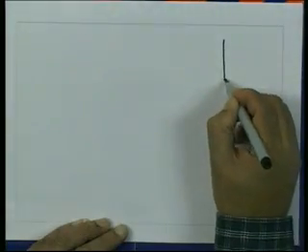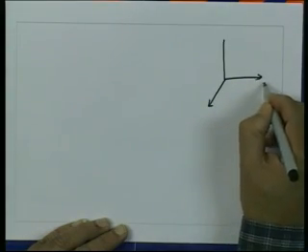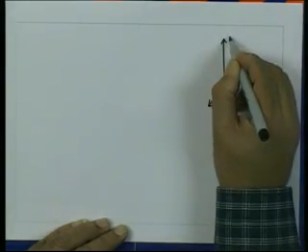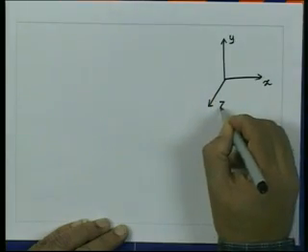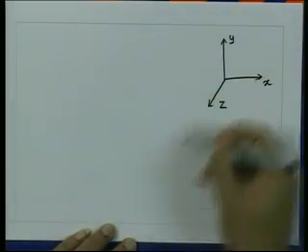So, for that, first we have to define what are called the unit vectors corresponding to left and right handed polarized waves. So, let us say that we take a coordinate system like that. So, this is x, this is y, and this is z, and assume that the wave is travelling in positive z direction.